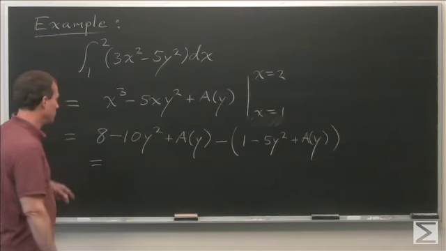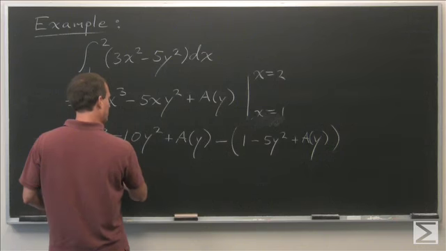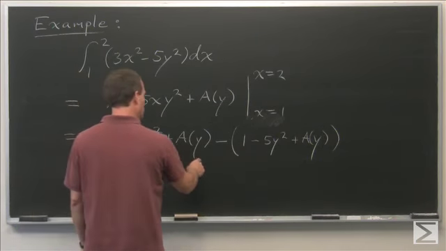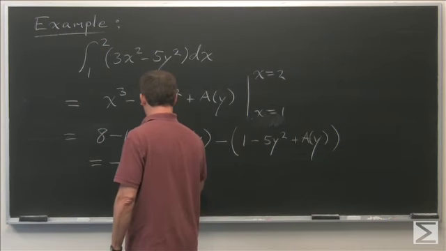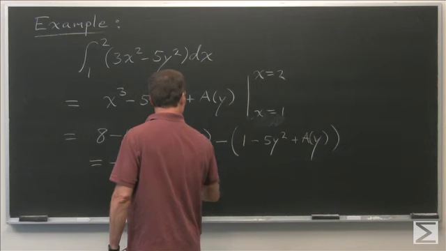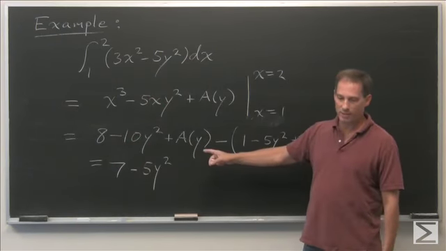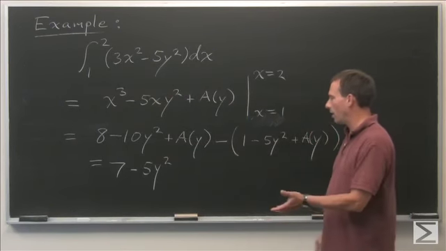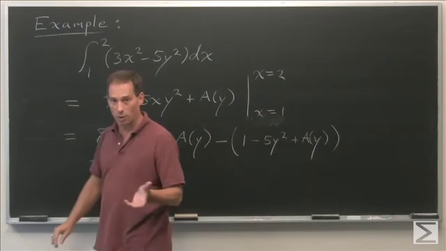So what do you get? 8 minus 1, you get 7. And then minus 10y squared minus minus, so plus 5y squared, so minus 5y squared. And then notice that the a of y's cancel. You've got a of y and then minus a of y. So it doesn't matter what a of y is, it gets wiped out.